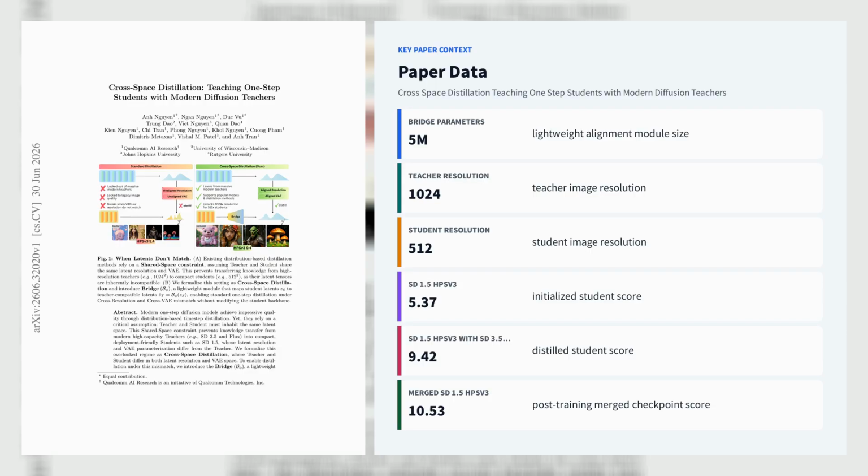The supplementary report shows Bridge adds only 6.01 milliseconds to 18.01 milliseconds runtime and 0.54 gigabytes to 0.78 gigabytes peak memory, and that a 30% pruned 1.5B baseline is far weaker than the 0.86B Bridge student on HPSv3, HPSv2, ImageReward, MPS, and DPG-Bench. The method also supports inference time resolution upgrade, decoding 512 by 512 student outputs into teacher-compatible 1024 by 1024 images.